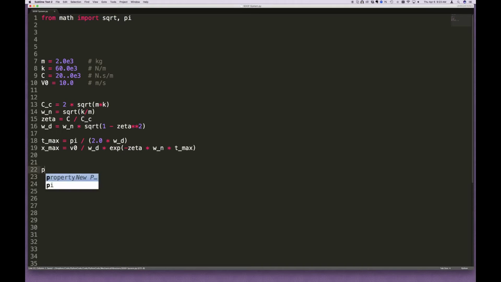Okay, and now we want to print out the answers. So let's print out a few things. First of all, let's just print out everything we've calculated. So we'll print out K. We'll print out omega sub n. We can print C critical, C sub C. Print out zeta.